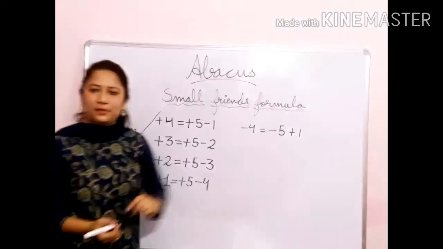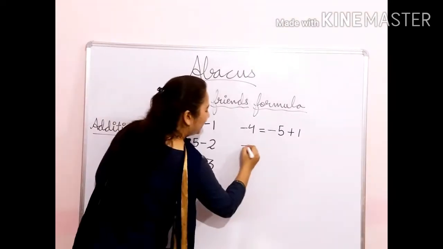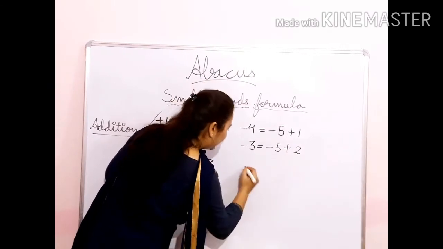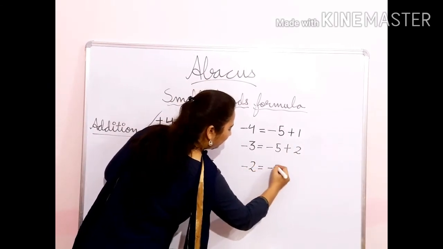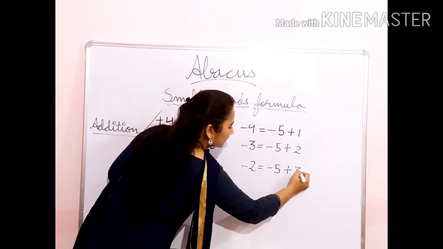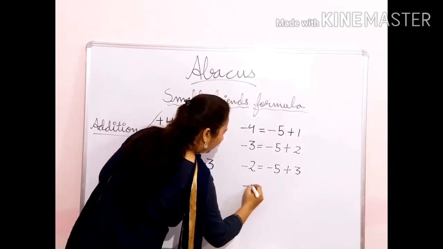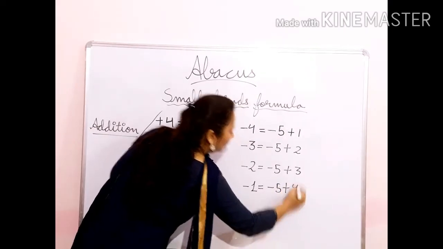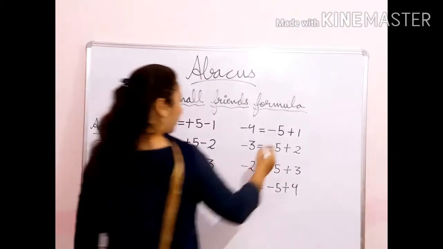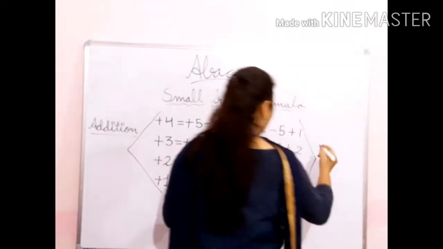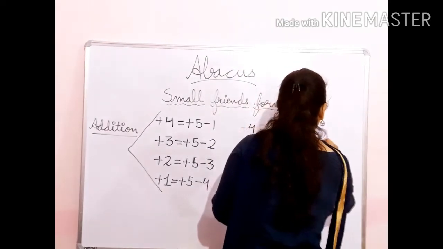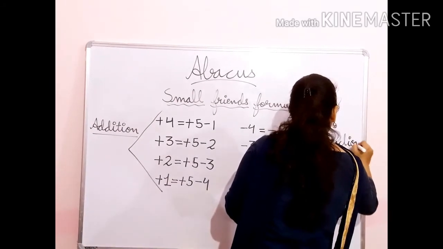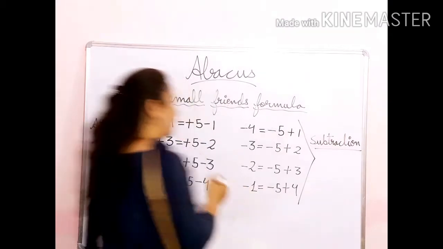See, and for minus 3 you will use the formula minus 5 plus 2. Same for minus 2, you will use the formula minus 5 plus 3. And for minus 1, you will use the formula minus 5 plus 4. This formula is for subtraction.